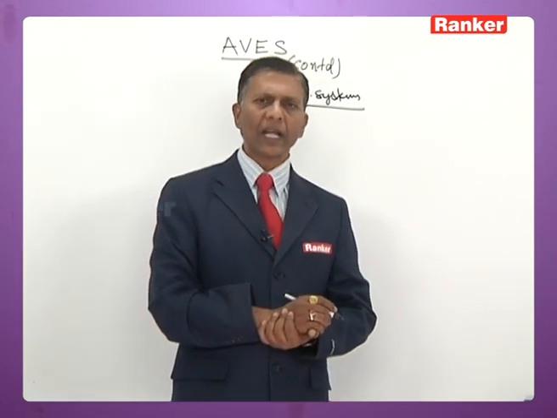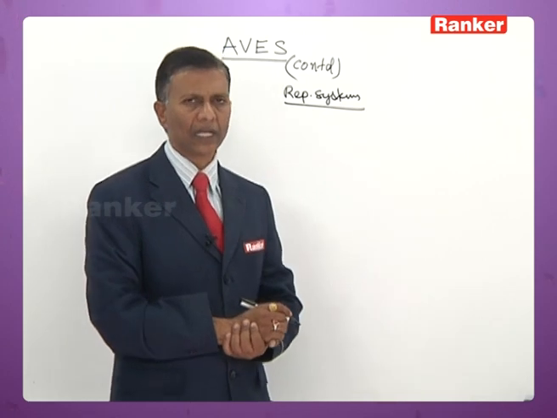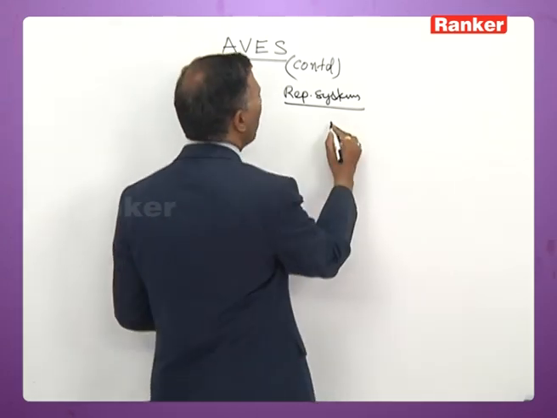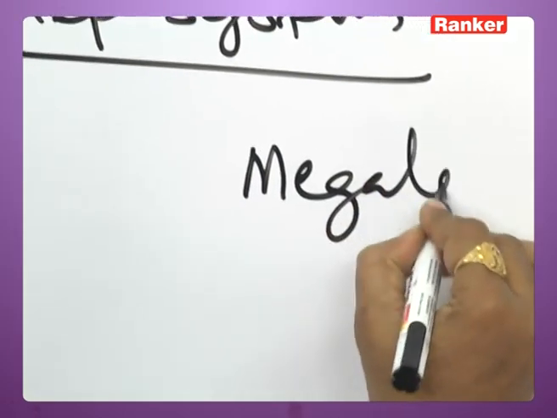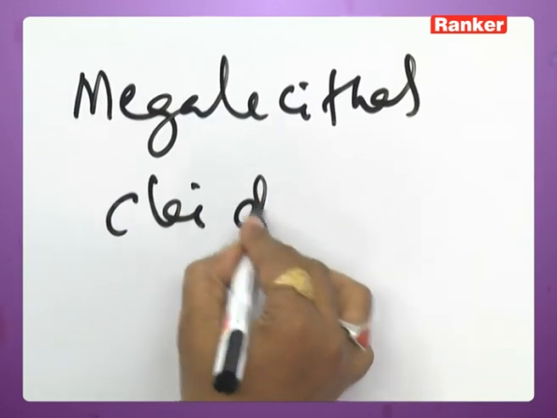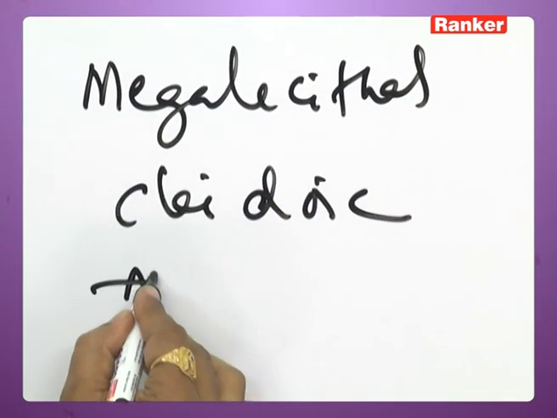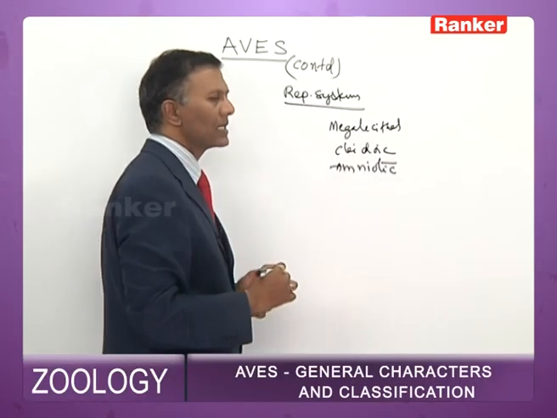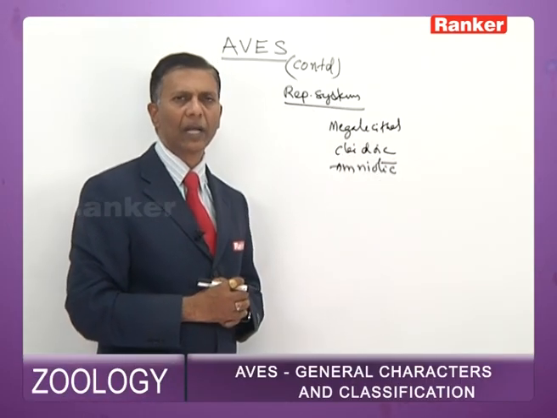However, the flightless birds are with copulatory organs. Fertilization is internal in all of them. Eggs are megalecithal, cleidoic, and amniotic type.